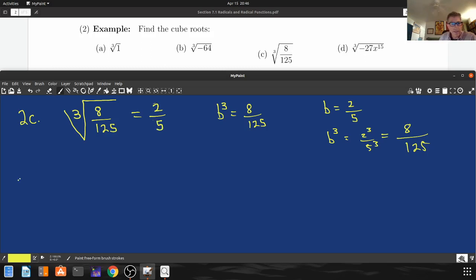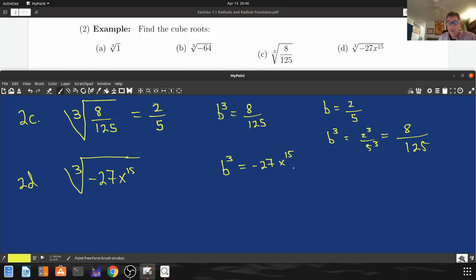And for 2d, we want to find the cube root of minus 27x to the 15th. So now I'm not looking for a number, but a variable term, if you want to call it that, such that b cubed, whatever that b is, is equal to minus 27x to the 15th.